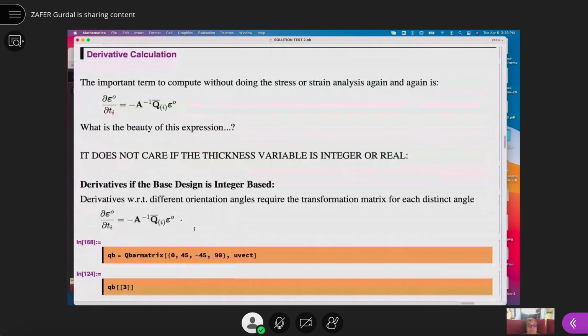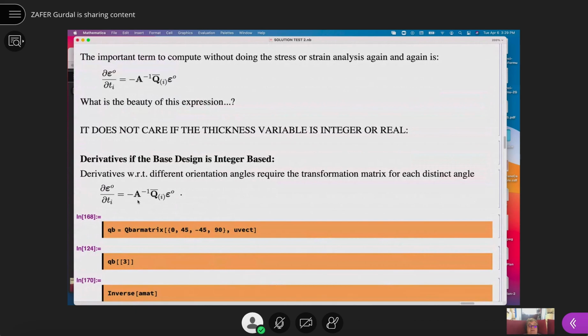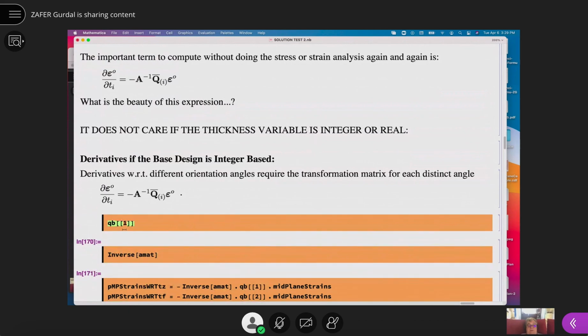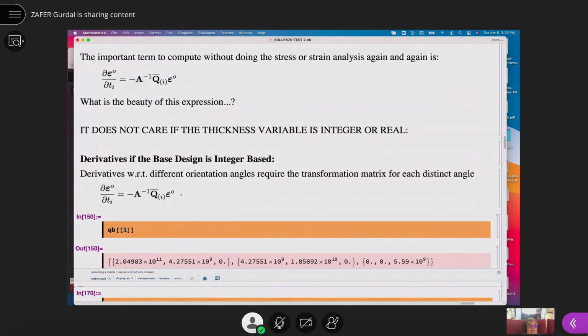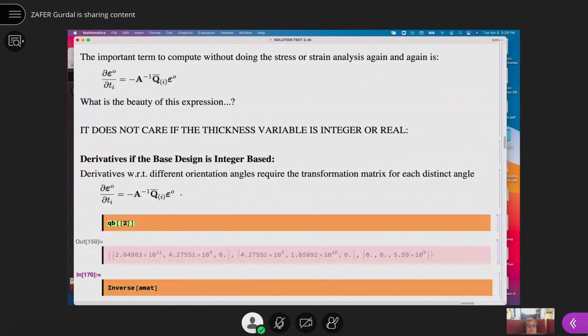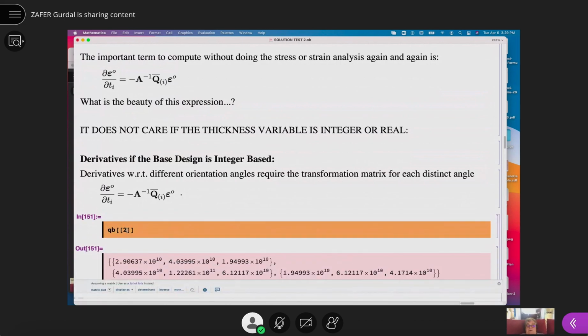All right, so the derivative is basically given by this expression. We will need Q bar matrix, but the Q bar matrix has already been computed. Let me see, QB1. Yep. So there's QB1, QB2, that's 60, and minus 60, QB3.